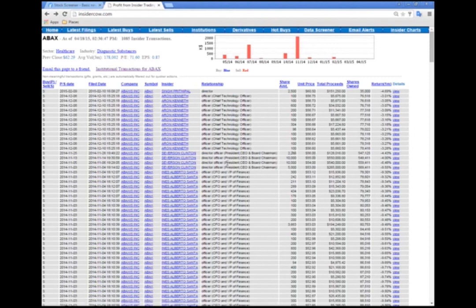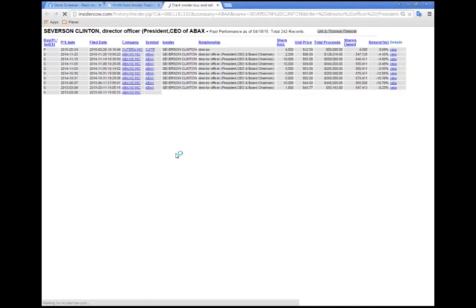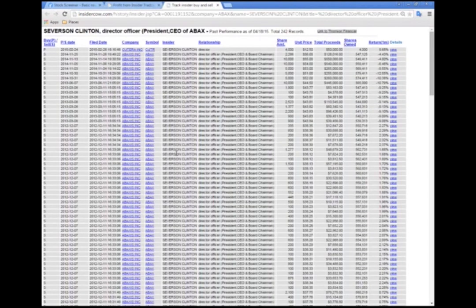So maybe we want to go in and see how precise Mr. Seville has been in predicting some good moves before. We can just simply click on his name and see all of the insider transactions that Mr. Seville has done over the years. And we can look at how on point those transactions have been.